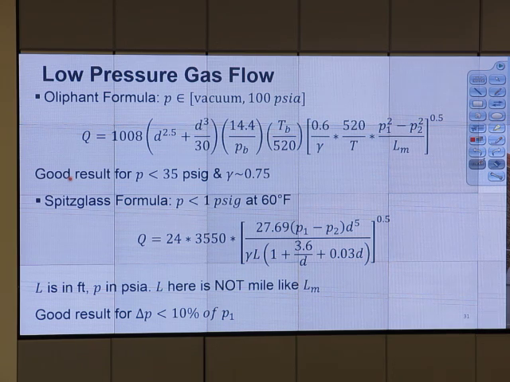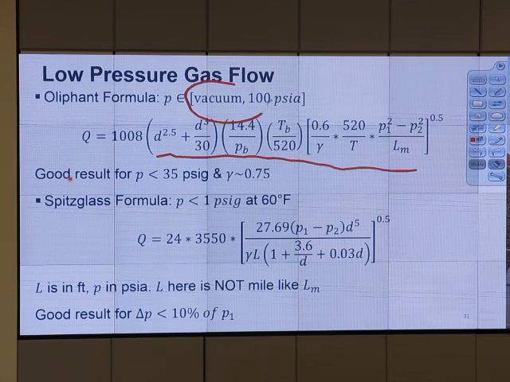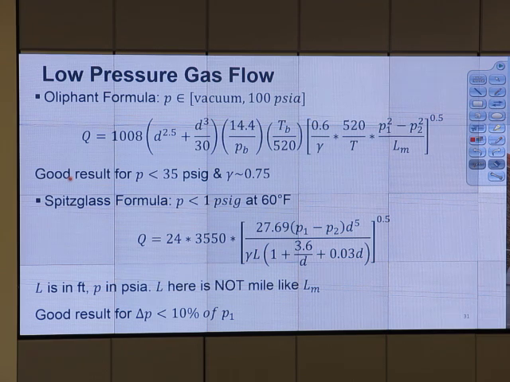Okay, next one. Olifant formula. This equation, you have this kind of expression. It's good for vacuum up to 100 psia. Stewart suggests to use it just up to 35 psig. So the equation that we use for vacuum pressure is the Olifant formula.